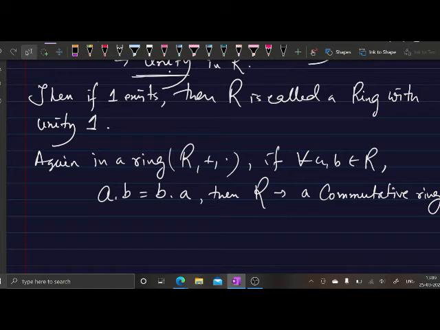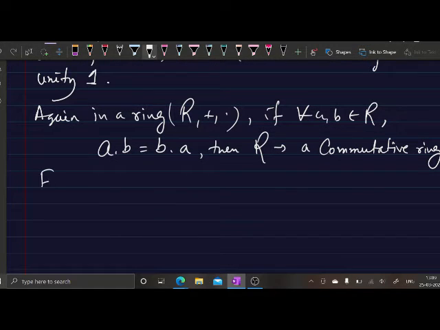So your first example is Z plus dot. This is the basic model of a ring.